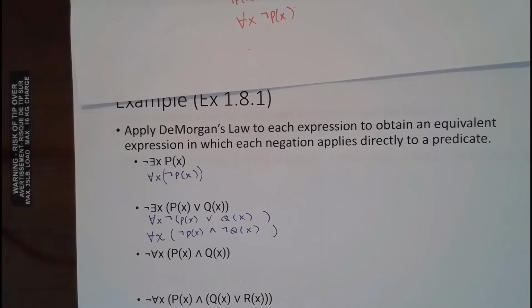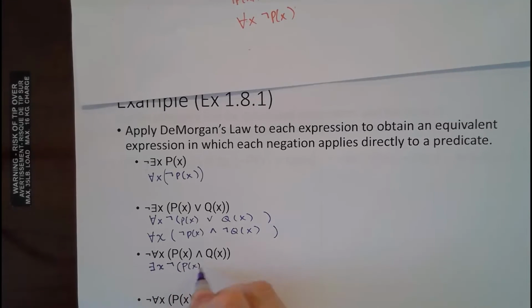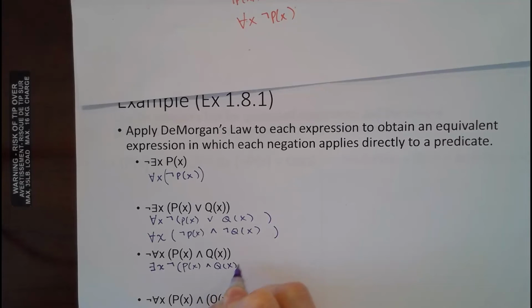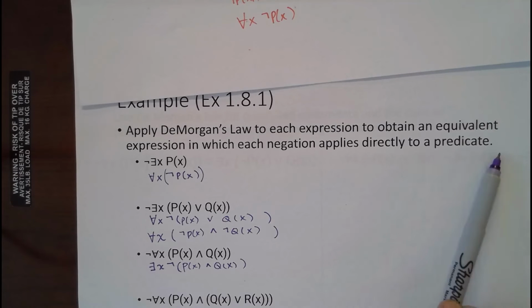Alright. The next one, we'll do it again, one step at a time. We're going to move this one across the universal quantifier, and it's going to change that one into existential. So this is going to become there exists, and the negation is going to go over there. We'll just leave the P of x and Q of x. And now we want to make sure that the negation is applying directly to a predicate.